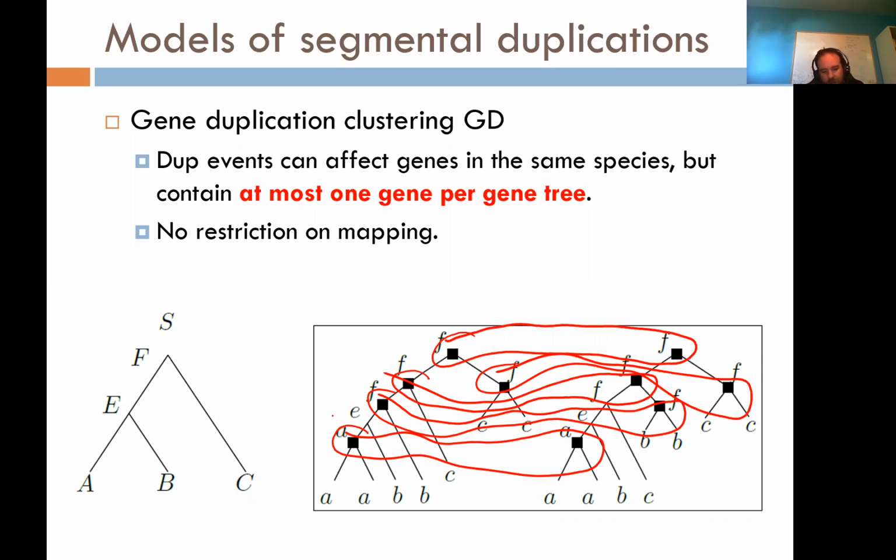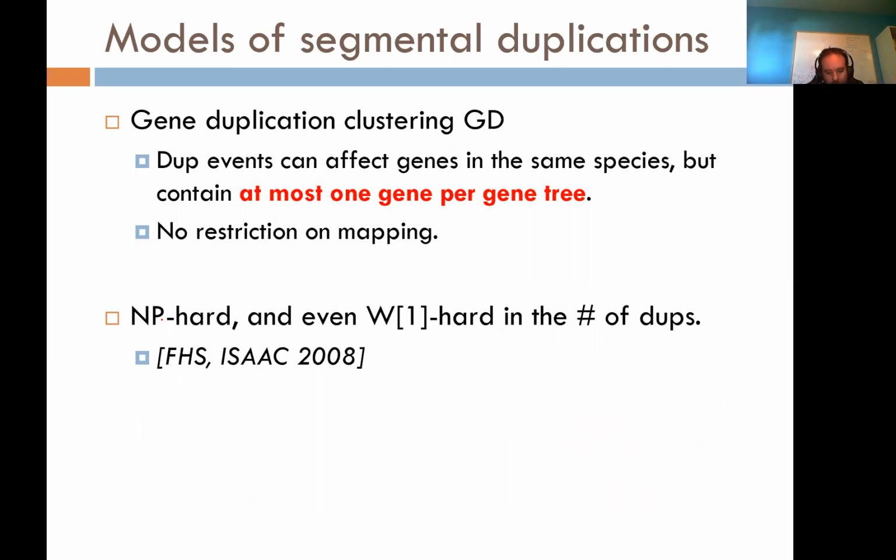So this is the second model, another way to define segmental duplications. Under this model, the problem is NP-hard and even W[1]-hard with respect to the number of segmental duplications. The main difficulty here is to find out where to remap your genes initially. It's actually an interesting paper.